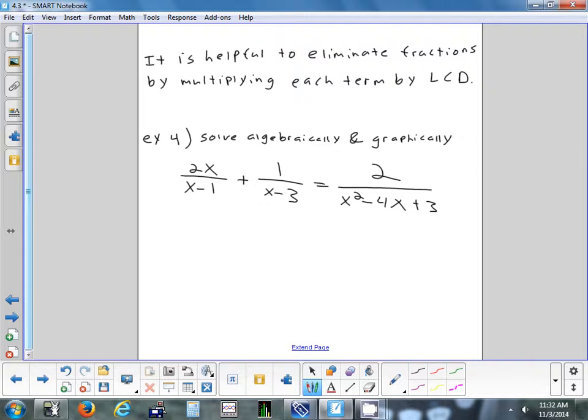There's a connection between these denominators, and in the problem I just had up, I had the same connection. Anybody see what the connection is between x minus 1, x minus 3, and x squared minus 4x plus 3?